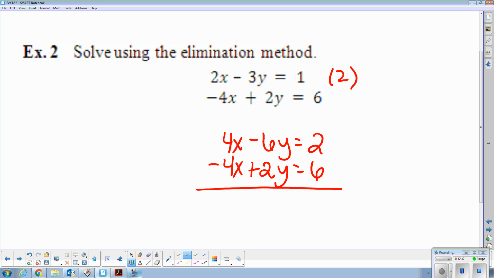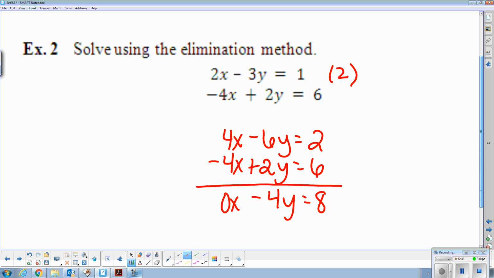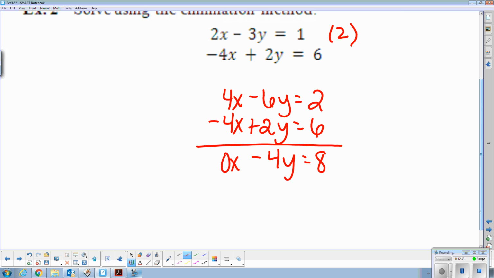And when I add these two equations, I get 0x, which is just 0, minus 4y equals 8. Then, just like you would solve for a single variable, we're going to isolate y by dividing both sides by -4. And we get y equals -2.